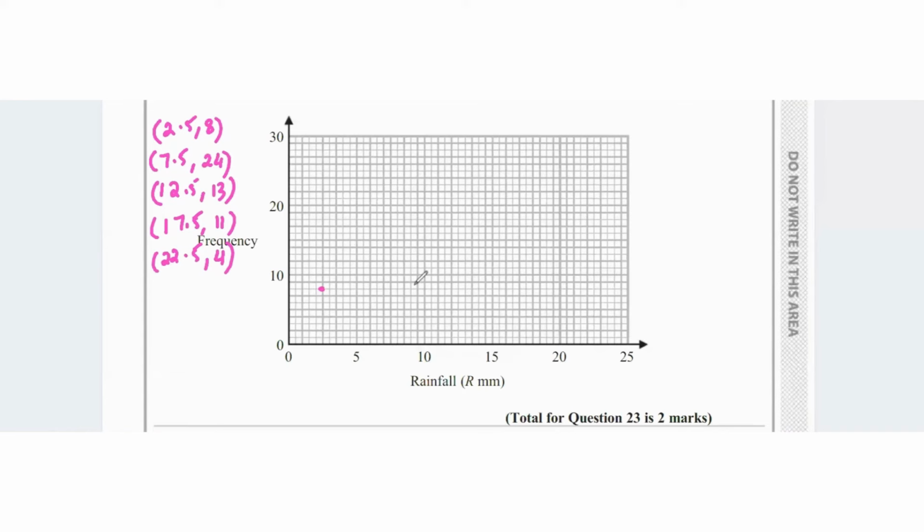7.5 and 24 over here. 12.5 and 13 over here.